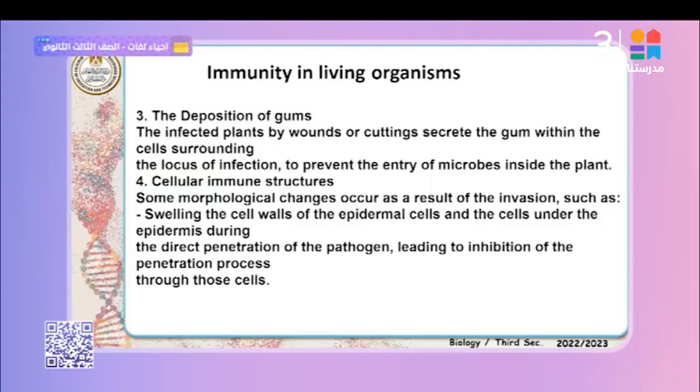This damaged tissue may destroy the healthy tissue, so the plant gets rid of it to avoid infection. Okay? In cellular immune structures, some morphological changes occur as the result of the invasion, such as swelling of the epidermis, the cell walls, and the cells under the epidermis during direct penetration by the pathogens, leading to inhibition of the penetration process through those cells.